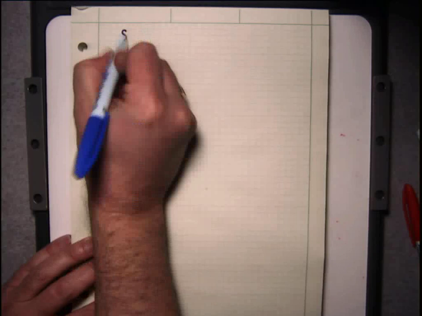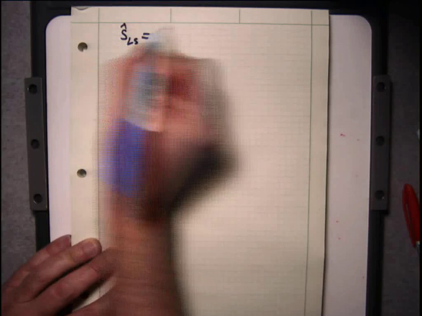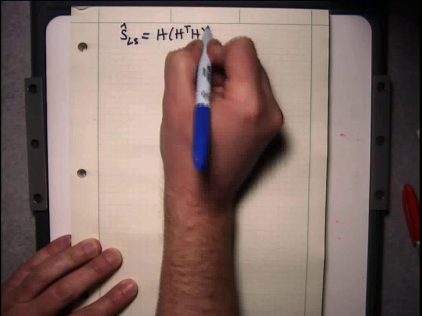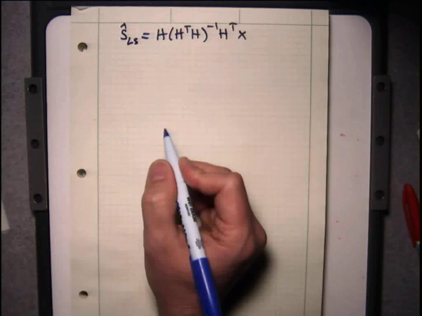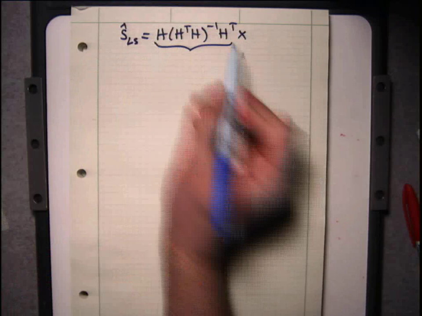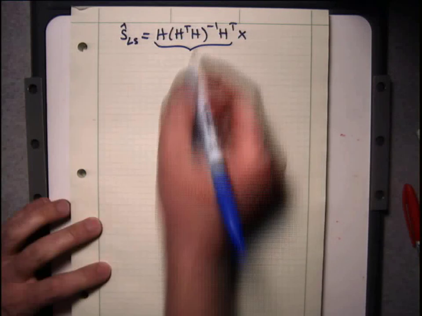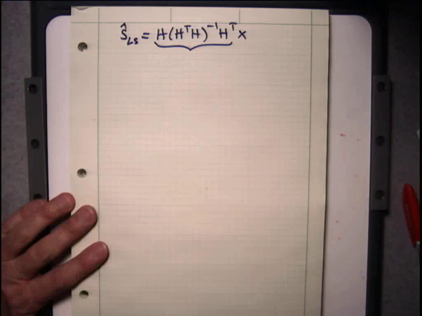So if we rewrite this here, the least squares estimate of the signal is H (H transpose H) inverse H transpose x. This guy here in front is a matrix that we talked about a little bit before.